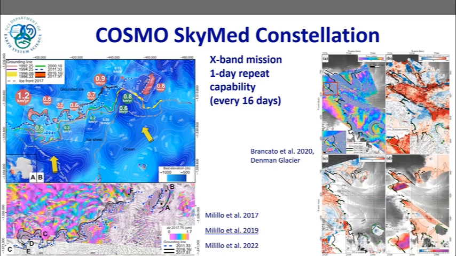Virginia Brancato was a postdoc with us, working on Denman Glacier. This is an Antarctic glacier in East Antarctica, both also showing grounding zone measurements in very fast glaciers. The advantage of this mission is that you have one-day repeat orbit, meaning that there is a chance to get a signal in fast-moving glaciers.